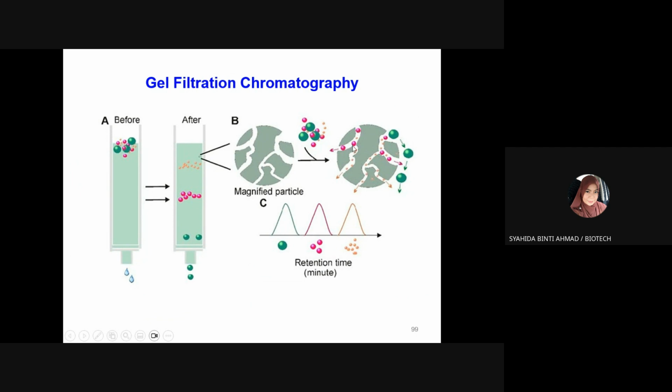That's why the smaller ones come out later. The big molecules will not enter the pores, so they go out first. So when you do fraction collection, you get the bigger size first, followed by the middle size and the smaller size. This is the principle of gel filtration.